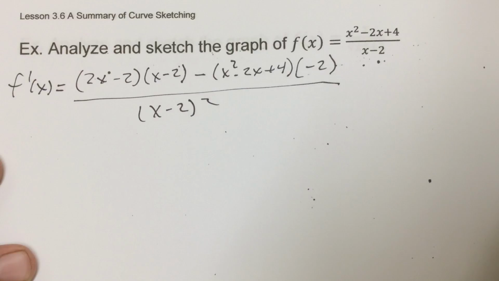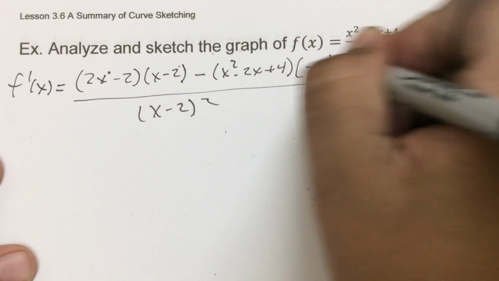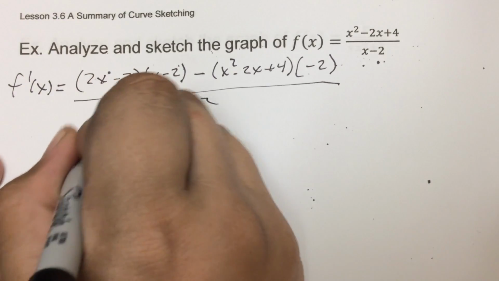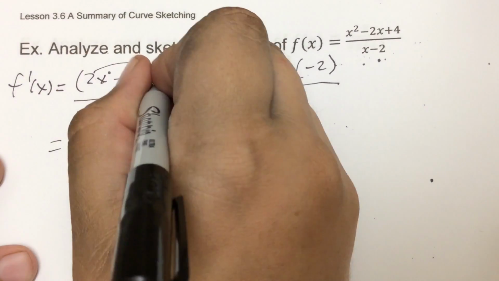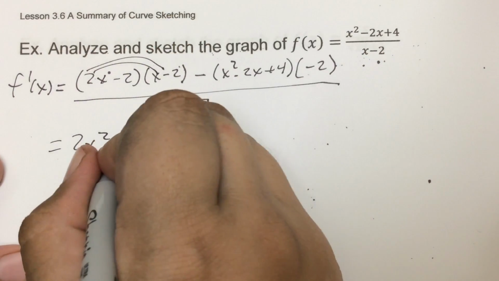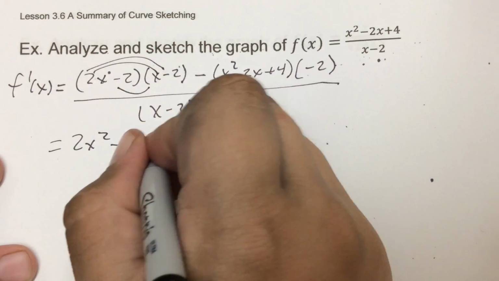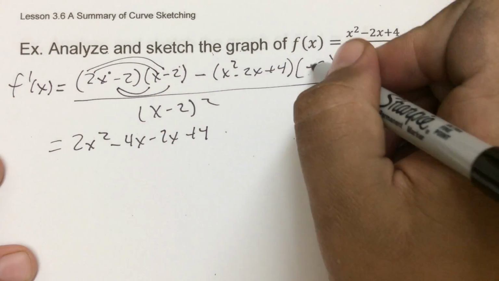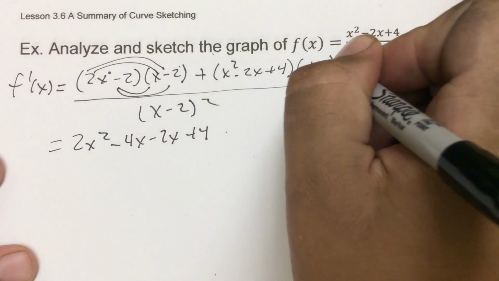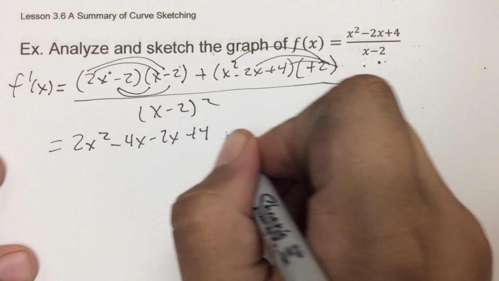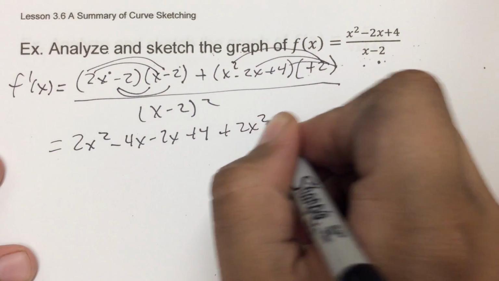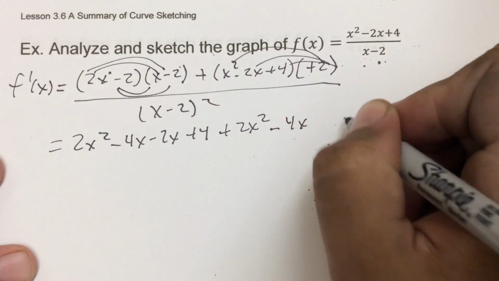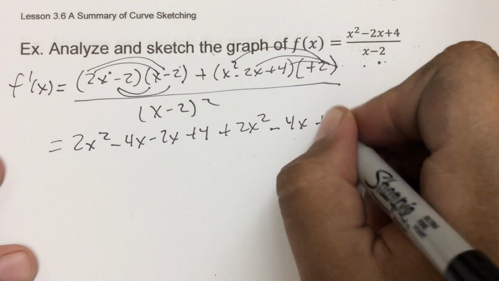So FOIL the first part, which would be 2x squared minus 4x minus 2x plus 4. Here the negative and the plus would cancel, so I just got to distribute the 2, which would be plus 2x squared minus 4x and then plus 8.